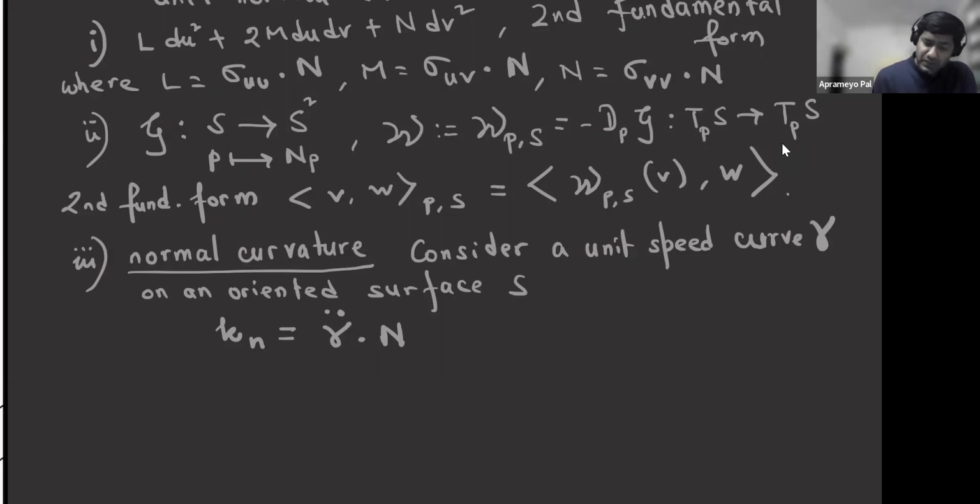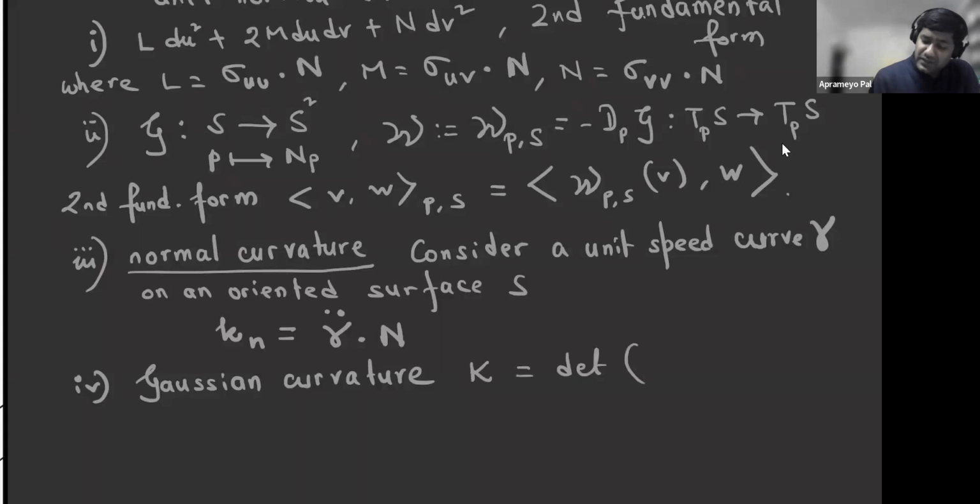Once we were happy with the definition of these invariants, we proceeded with some more geometric details about the surface. The next thing we defined was the Gaussian curvature, which we denoted by K. This was nothing but the determinant of the Weingarten map.